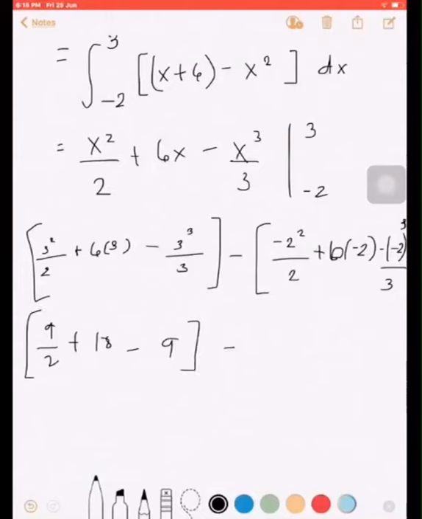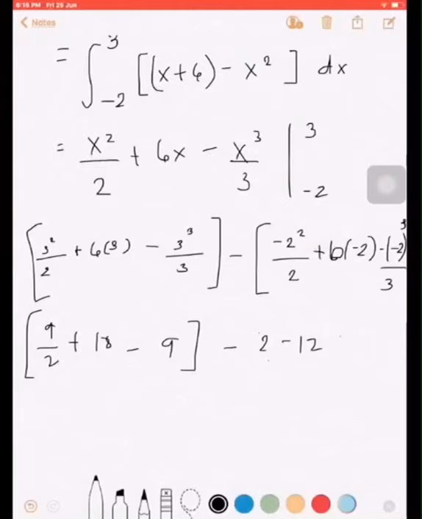Minus 4 over 2, that is 2, plus 6 times -2, that is -12, and -2 cubed is -8 over 3.